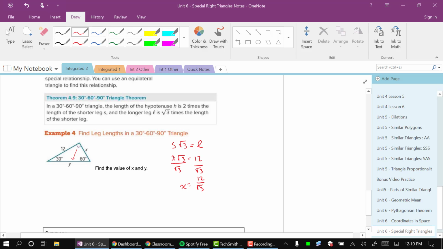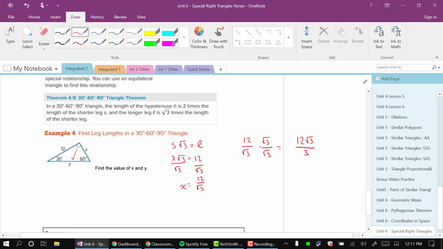But as we said, we can't have 12 over root 3, so we're going to have to multiply by root 3 over root 3. That gives me 12 root 3 over 3.